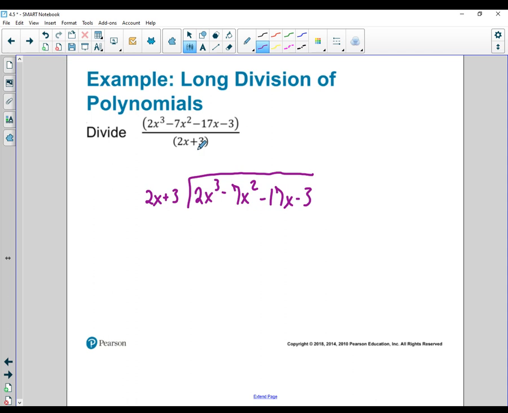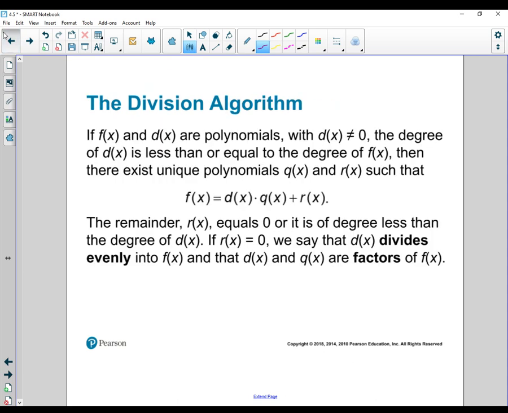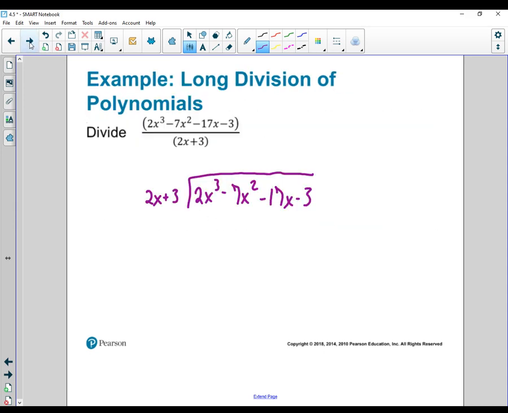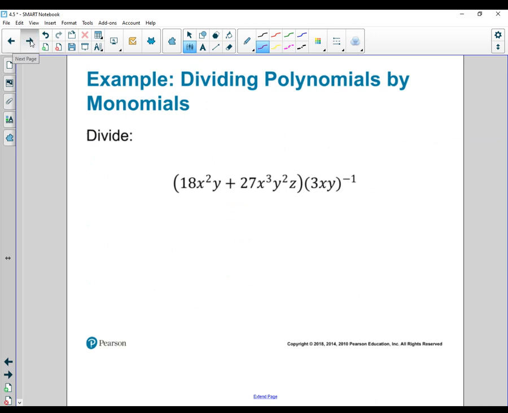Now, here's the way I'm thinking about it. So when we did this one right here, we're saying 8 goes into this how many times? Another way to say that is what times 8 is that thing? And so what I want to do is I want to get this 2x cubed to cancel when I do some subtraction, like I did subtraction over here.